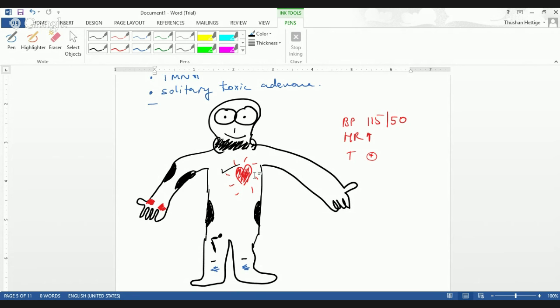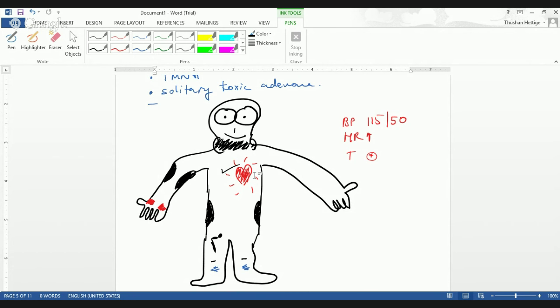Yeah, high output cardiac failure. What happens with those people is because you've got systemic vasodilatation, and your tissues are so vasodilated, you have a massive venous return into your right atrium and your right ventricle. So your heart is chock-a-block full of blood.